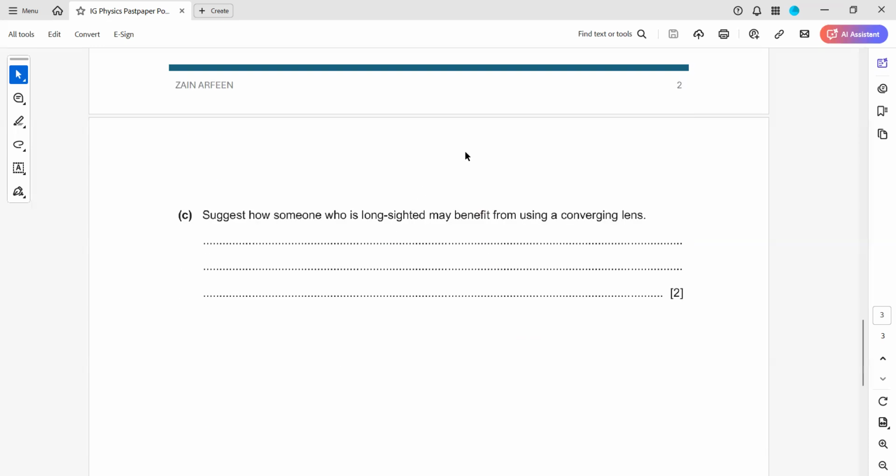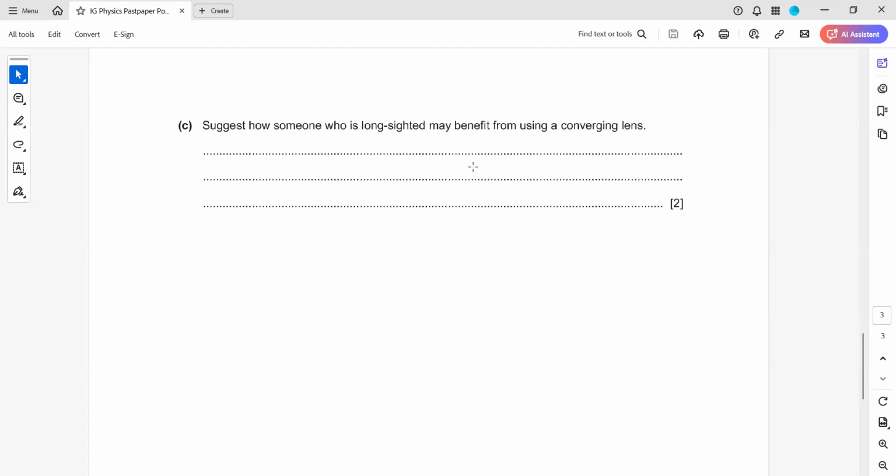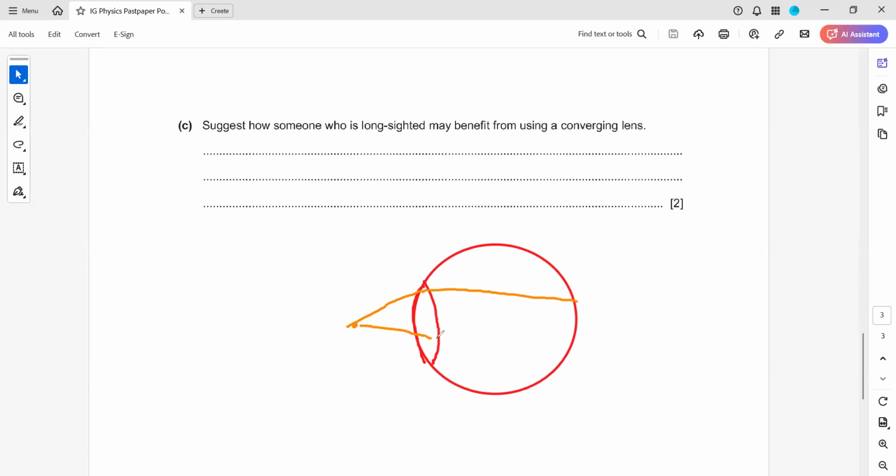Suggest how someone whose long-sightedness may benefit from a converging lens. There are defects of the eye, long-sightedness and short-sightedness. In long-sightedness, the lens is not able to converge the light rays on the retina.